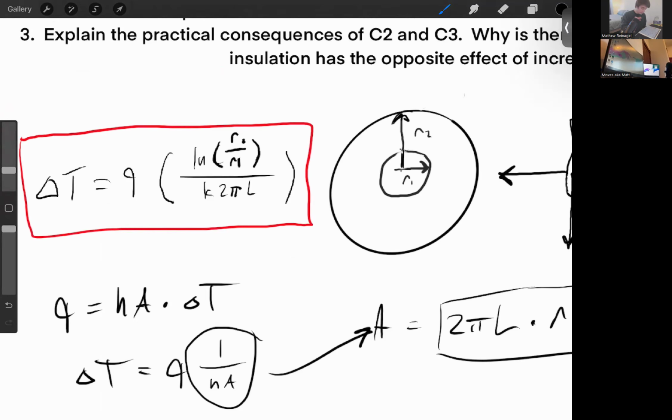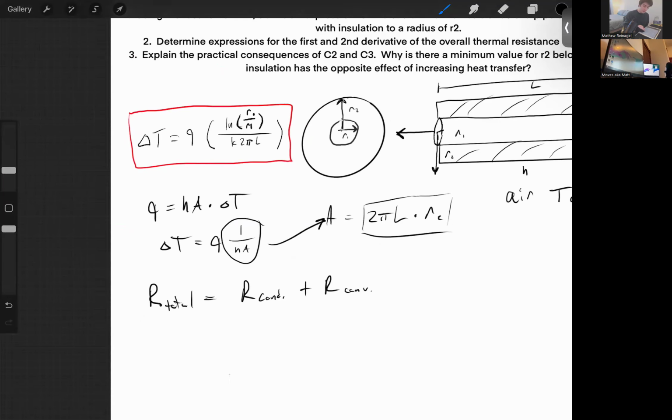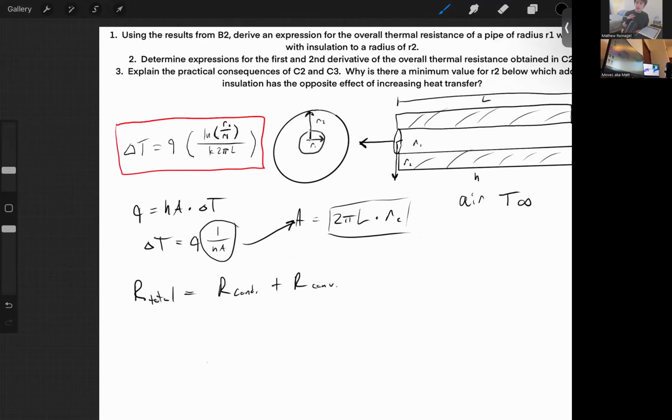That's the only change I made to the previous equation, just to put it in terms of this pipe problem. It's essentially inner and outer, but now it's in relation to the insulator. So now we have an area for this as well as our convection coefficient.